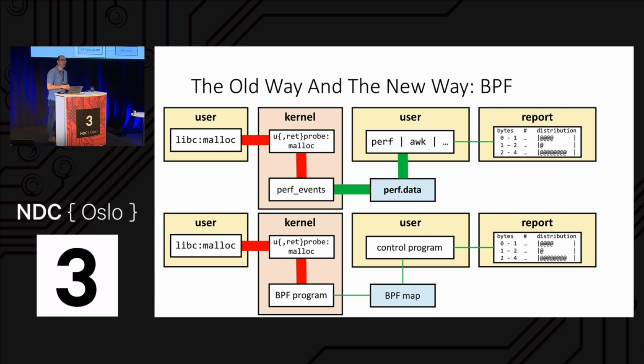So the way BPF basically works for us, as opposed to perf, is that it does the aggregation in the kernel. Instead of generating a perf.data file, which we have to then aggregate in user space by running some sort of script, the aggregation is happening in the kernel.